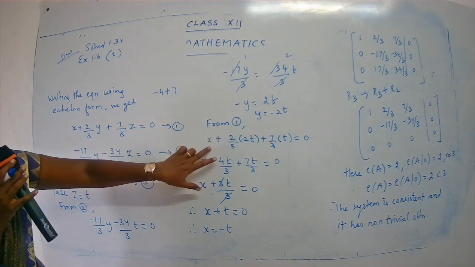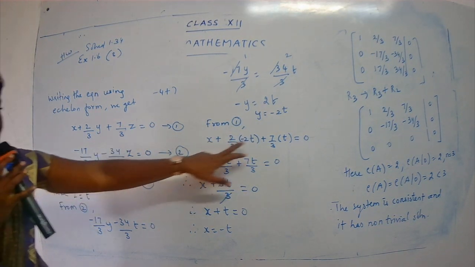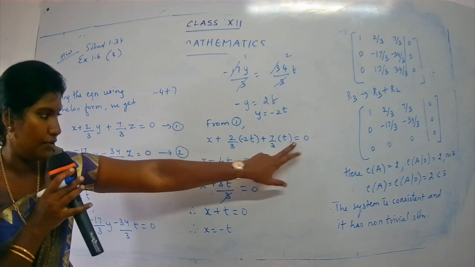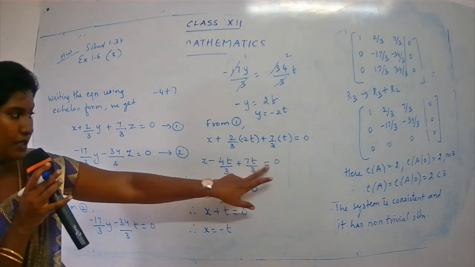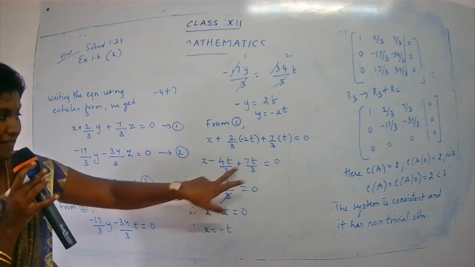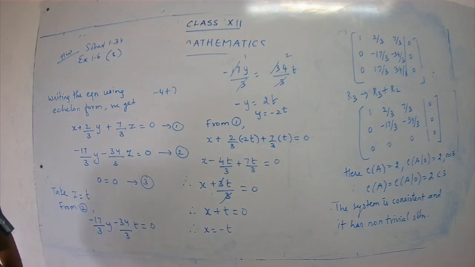So from 1, x plus 2 upon 3 times minus 2t plus 7 upon 3 times t is equal to 0. So x minus 4t upon 3 plus 7t upon 3 is equal to 0. So we have the same denominator, so we can bring the numerators together. 7 minus 4, 3t upon 3. So 3 gets cancelled. So x value is equal to minus t.